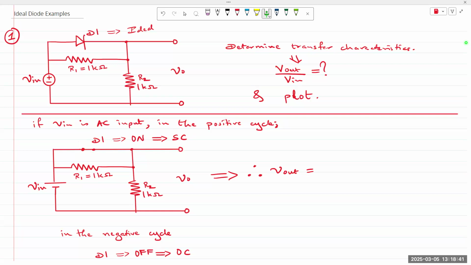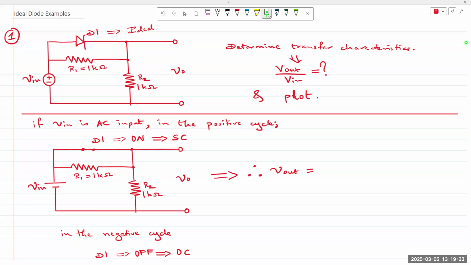It's the voltage across R2, because the output is taken directly across R2. So what is the voltage across R2? With the short, what happens to R1? There's no current flowing through R1, so it's not part of the circuit anymore. Even without looking at anything else, V out is connected directly to V in.